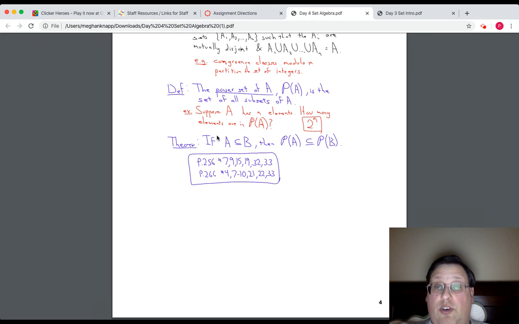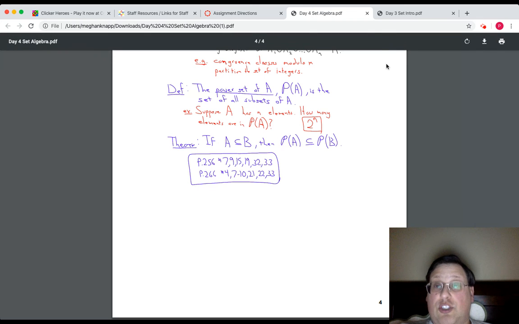So I do want you guys to notice right here how many elements are in a power set of A. 2 to the nth if there are n elements. So how many different things would be in the power set of the alphabet? 2 to the 26th power, which is huge. Why is this? We can actually make a counting argument.